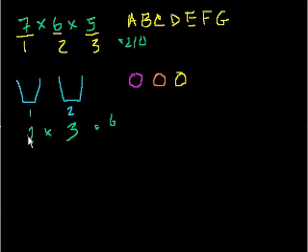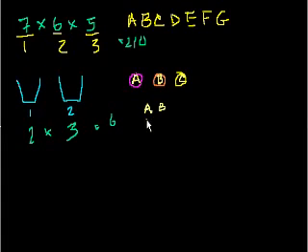And let's see if we can draw them out. Let me label these balls, because it's going to be too difficult to keep switching colors. So let's say this is A, B, and C. I'm going to show you that there are 6 ways of putting these 3 balls into these 2 cups. So it could be A in cup 1, B in cup 2.